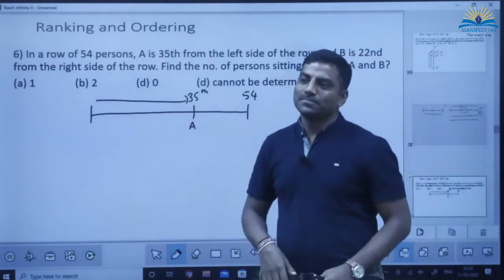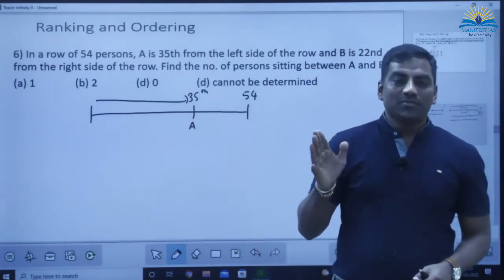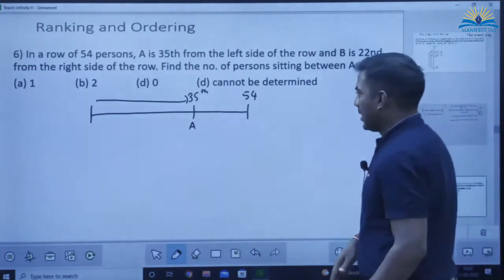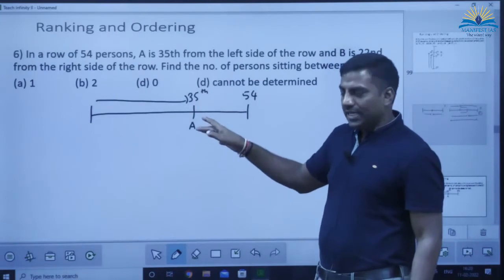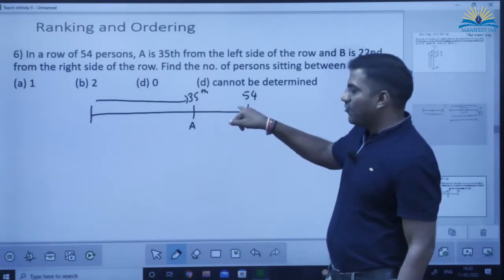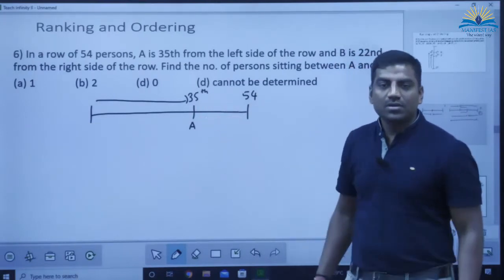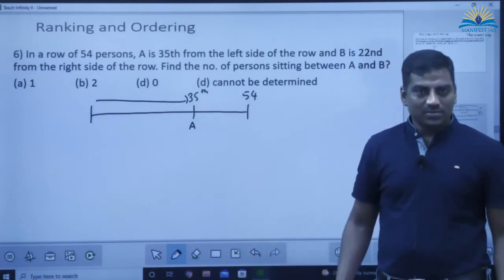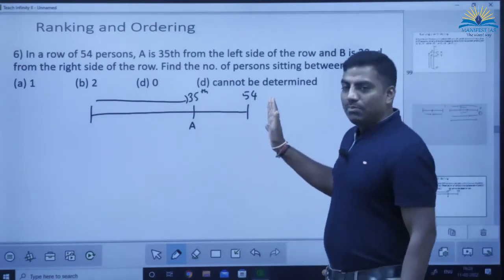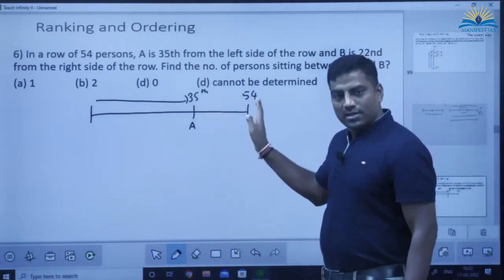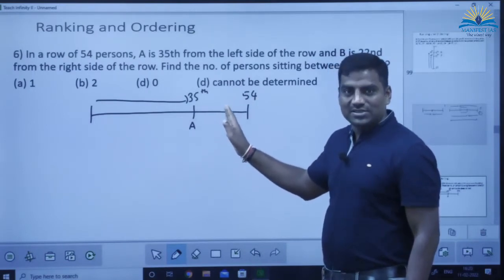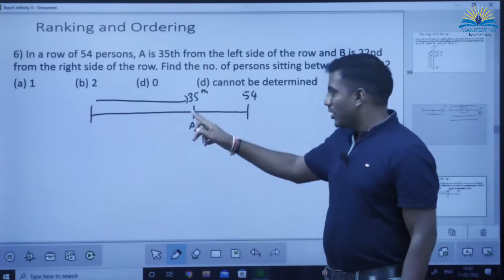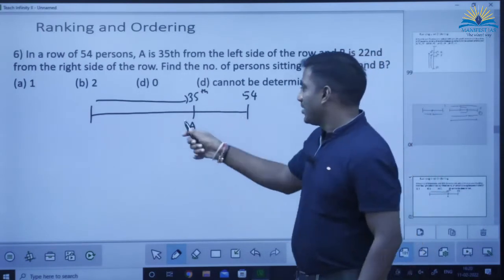Tell me logically. After A is done here, how many positions are there from here to here? 19 positions. If you make B sit somewhere here, his position should be 19 or less. So we have to make him sit here.